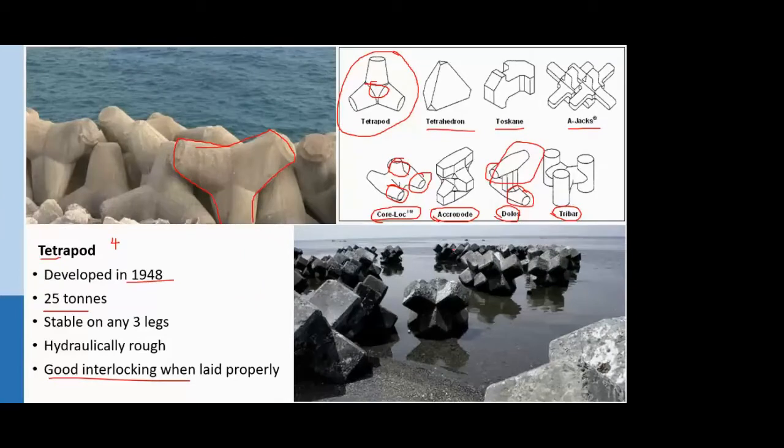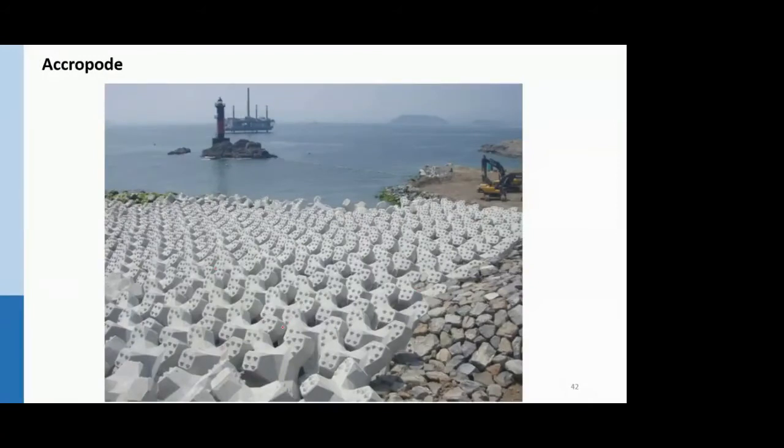On the bottom right, again these are some special blocks. Here you can see they are just placed on the beach, but these can also be used on the site. This is another example where a special or patented block is used.